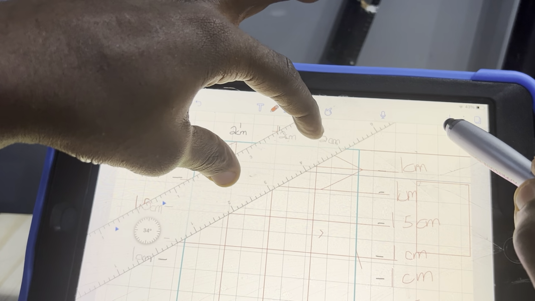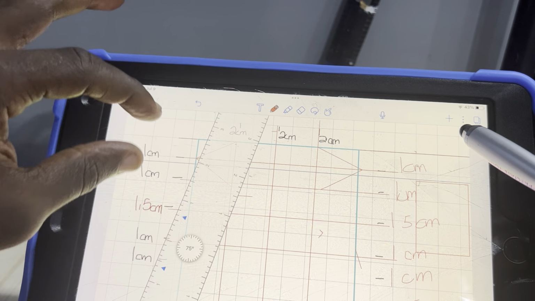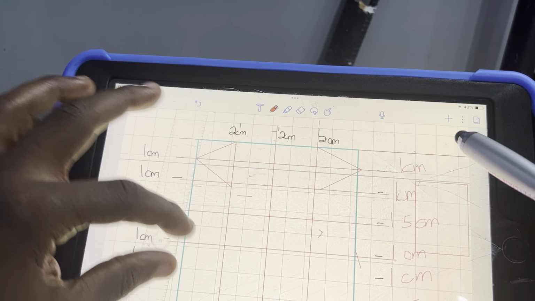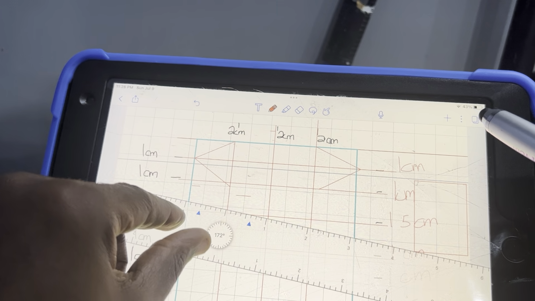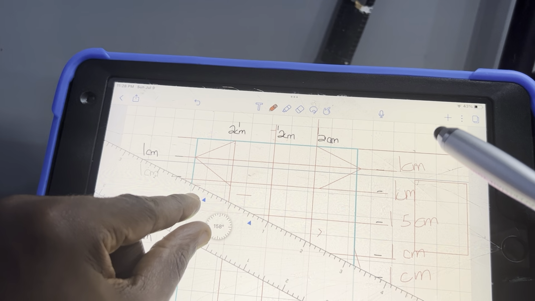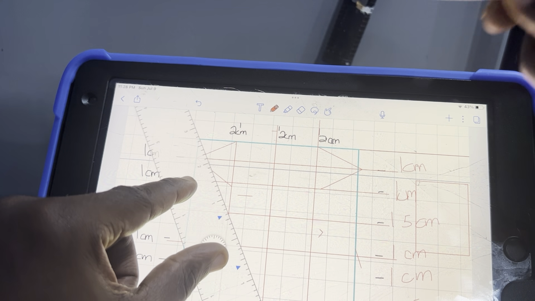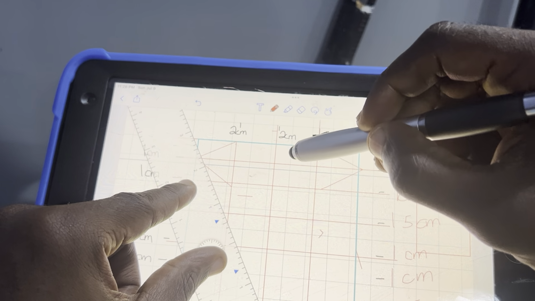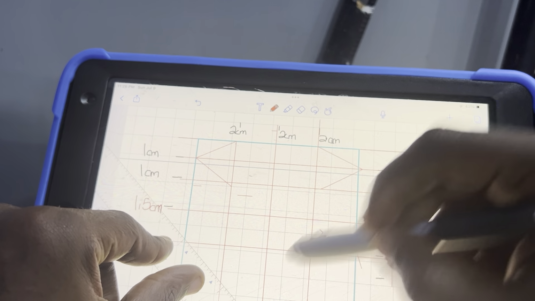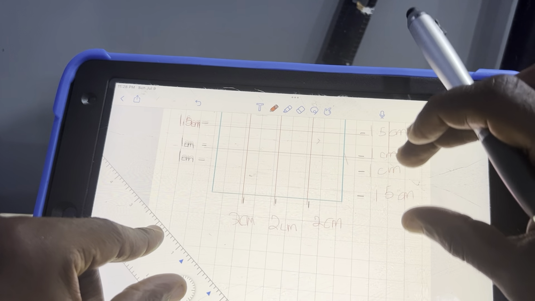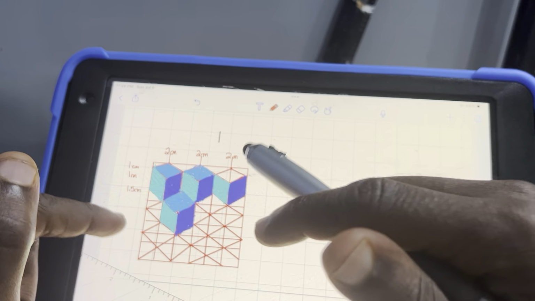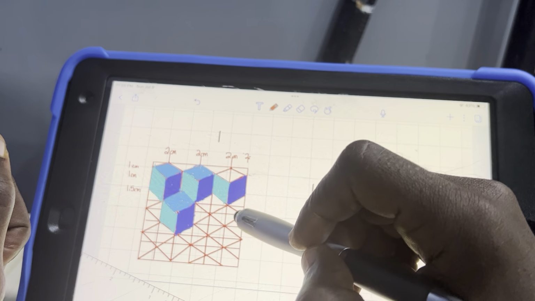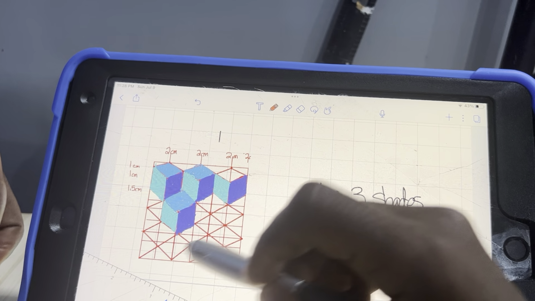Okay, keep connecting these dots all the way through, and eventually this is what you'll have on your frame, all these squares.